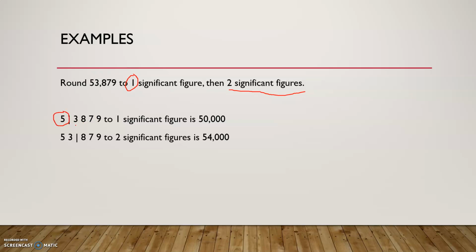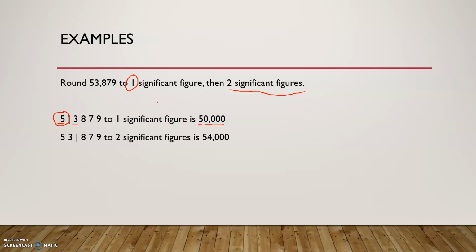Then we look at the next digit, which is 3, which is less than 5. And so we're going to keep this number as it is, so we don't have to increase it. Hence that would be 5, and then we're going to make the rest of the numbers zeros. Hence our answer is 50,000, which is 53,879 to one significant figure.